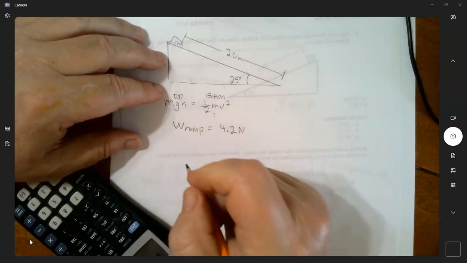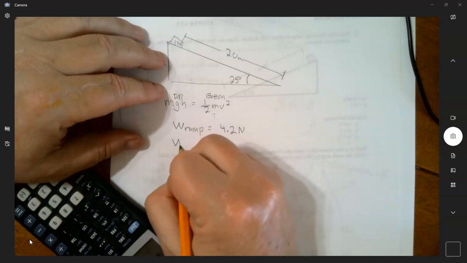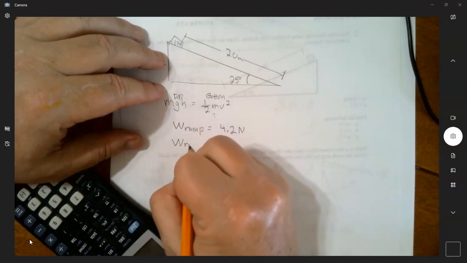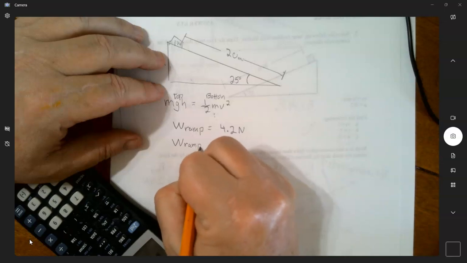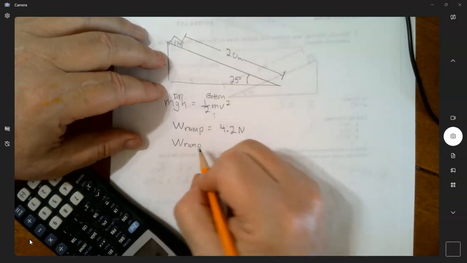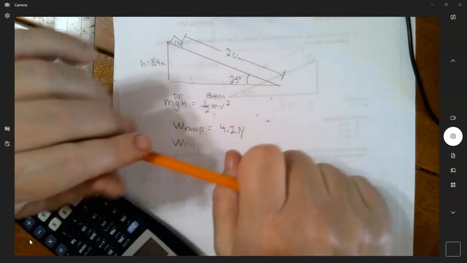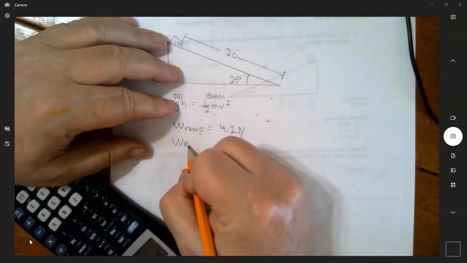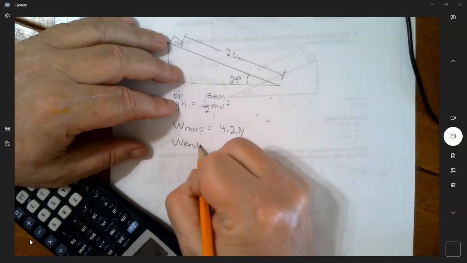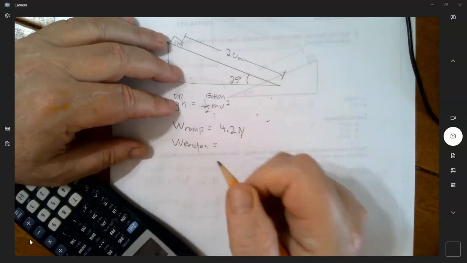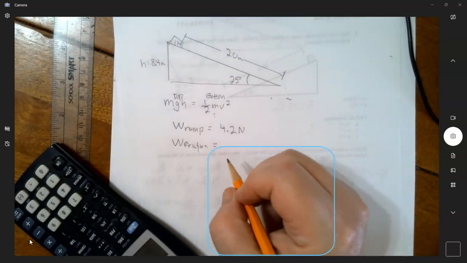Now, the friction force, the work against it is going to use the friction force, but the same distance because it works on it all the way down. So the work of friction, which is going to be a negative, equals 1.8. That's the friction force we came up with right there, times the distance.